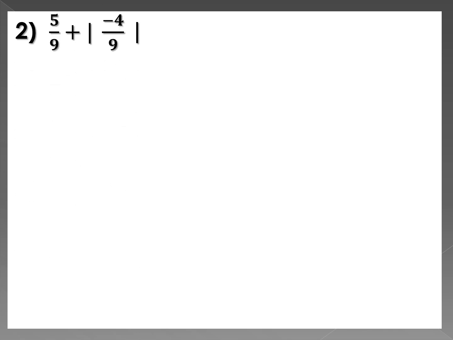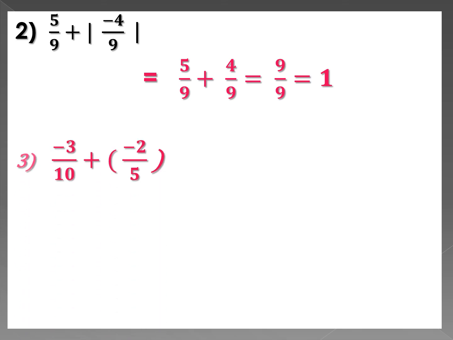Number 2, 5 over 9 plus the absolute value of negative 4 over 9. The absolute value of the number is the positive value of this number. So it will be 5 over 9 plus 4 over 9, which is equal to, yes, 9 in the denominator, and 5 plus 4 equals 9. 9 over 9 equals 1.